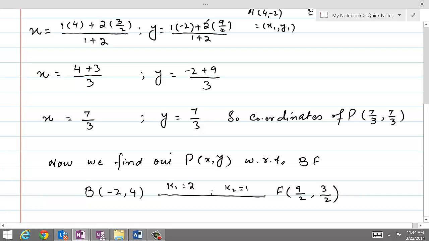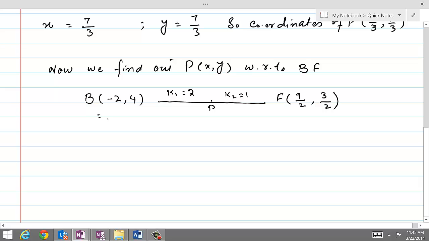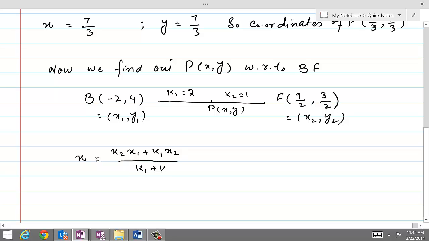So now let's find out the point P with respect to BF and label B as x1, y1 and F as x2, y2 and x coordinate of point P, xy, is equal to K2 x1 plus K1 x2 over K1 plus K2, and similarly y is equal to K2 y1 plus K1 y2 over K1 plus K2.